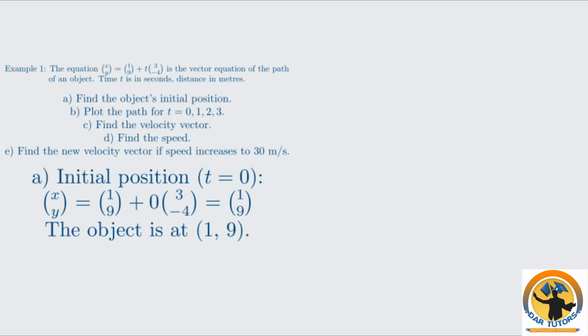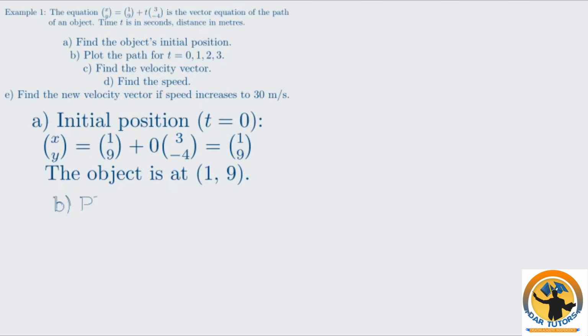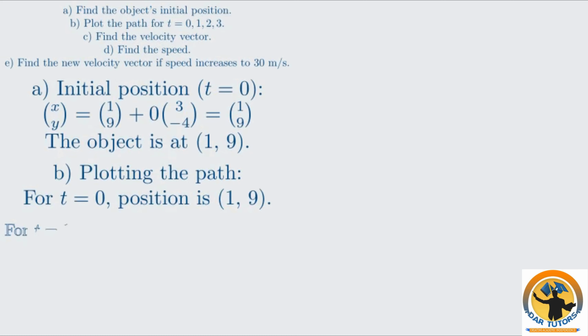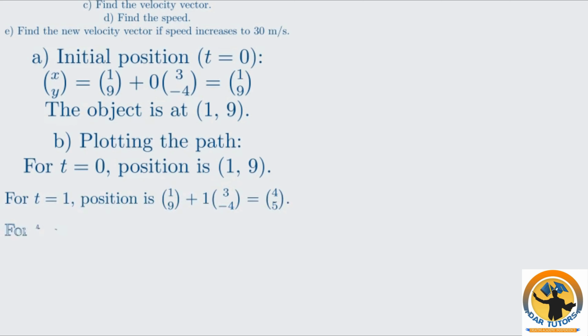Now for part B, plotting the path. To plot the path, we'll find the position at a few different times. We already have t equals 0, which is 1, 9. For t equals 1, we get the vector 1, 9 plus 3, negative 4, which is 4, 5. So at 1 second, the object is at 4, 5. For t equals 2, we have 1, 9, plus 2 times 3, negative 4, which simplifies to 7, 1.